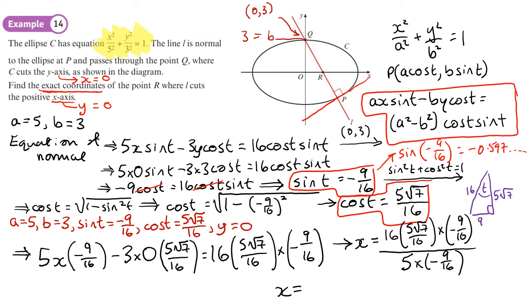And actually it works out to be exactly root 7, because the 5 is going to cancel out, and the 16, so the only thing that's left is root 7. So x is root 7, so the exact coordinate of the point is going to be root 7, 0, as our final answer.